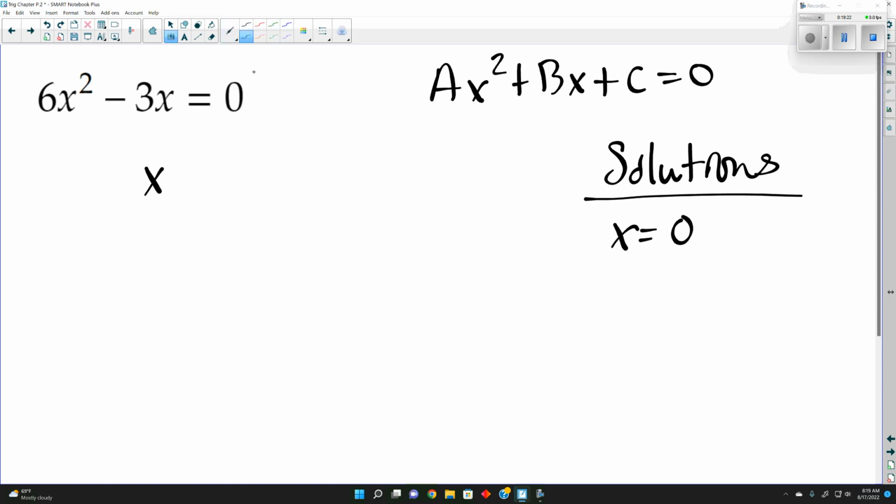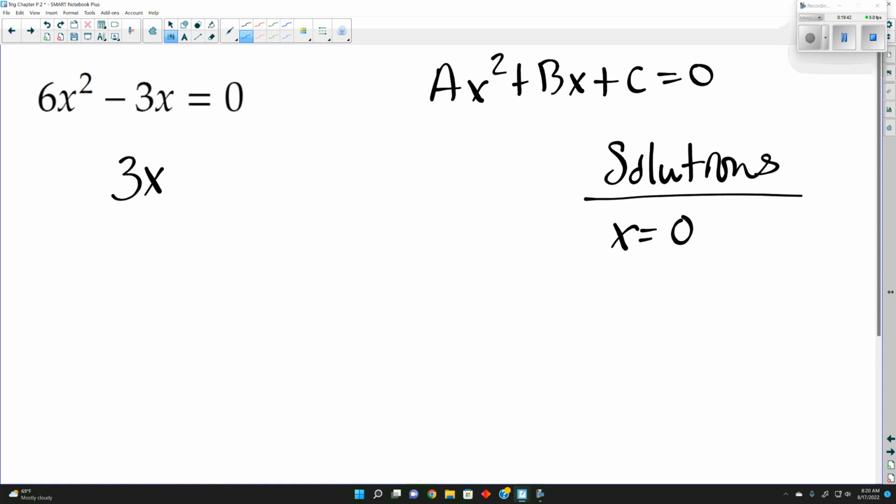And part of the reason we get that is because we can factor out a 3x, because 6 and 3 do have a common factor of 3. But the biggest thing is that x squared and x have a common factor of x.